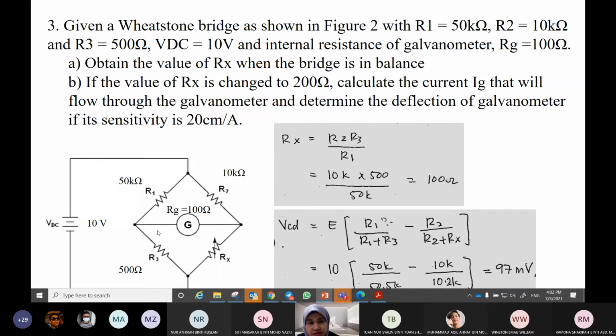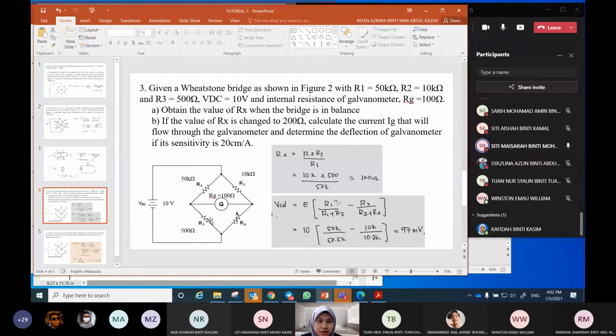During balance condition, the V at this terminal is equal to what, Sarah? Yes. During balance condition, in A, V at this terminal is equal to? VAB. V at this terminal. VDC. 97 millivolts.